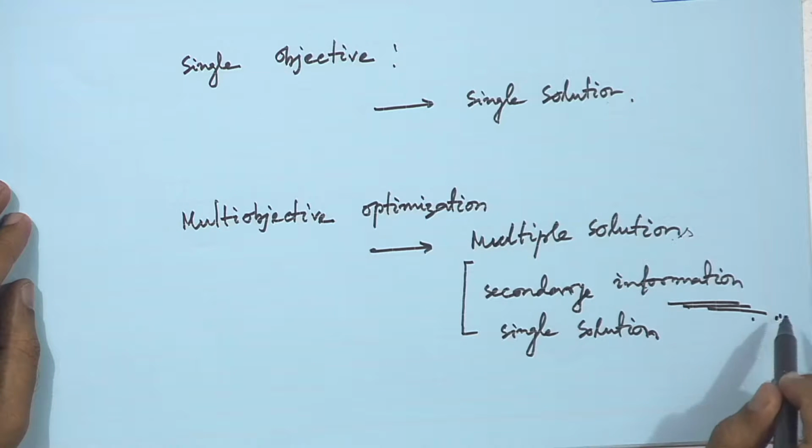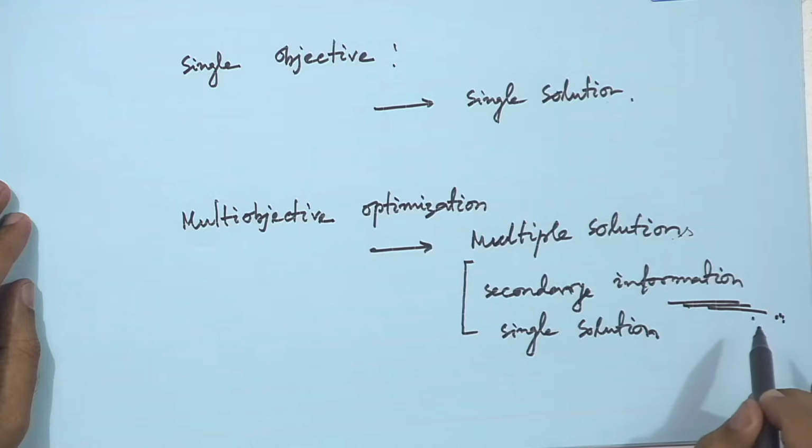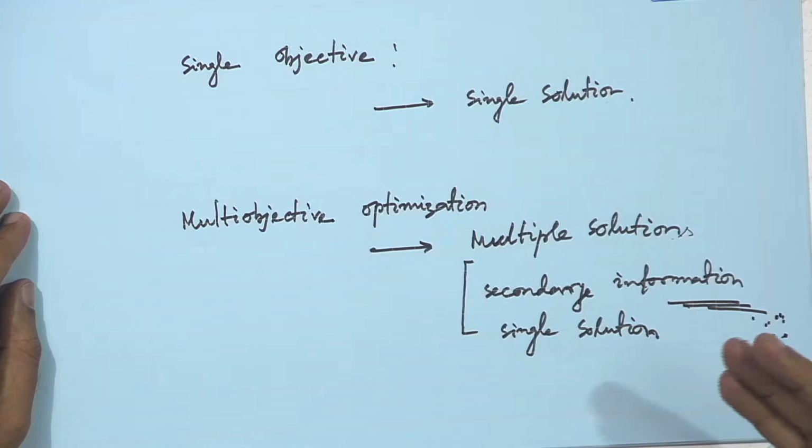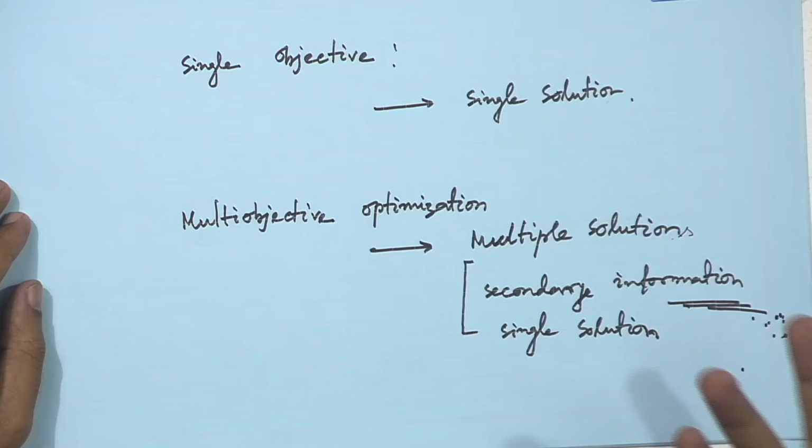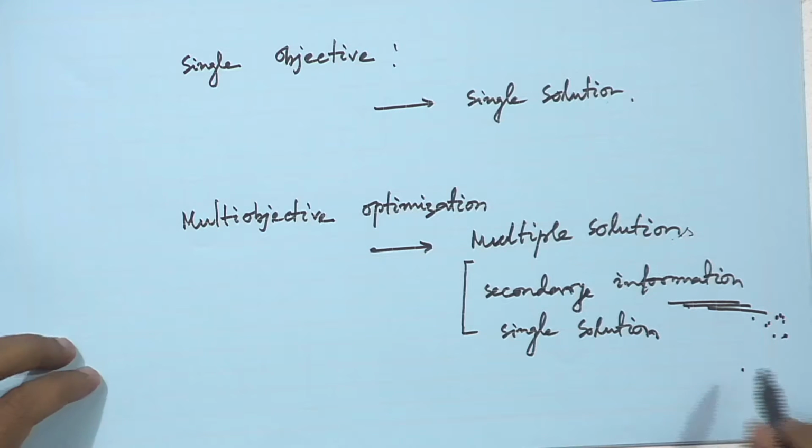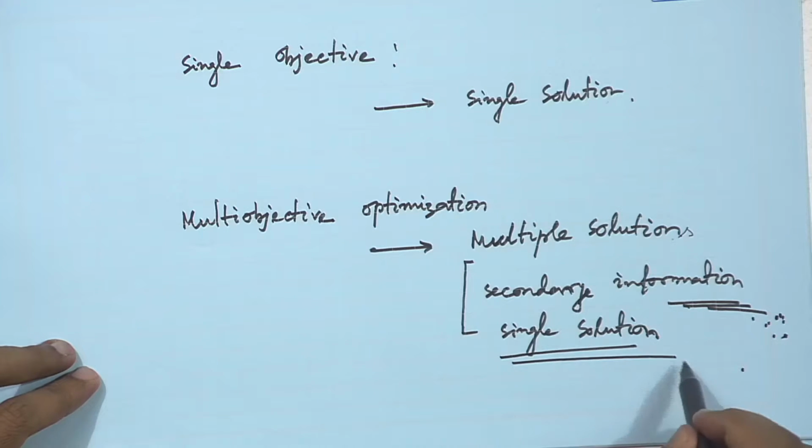Without secondary information, you cannot utilize the multi-objective optimization for your problem. So, secondary information is important. That can be any technical feasibility or economic viability that may be the thing you have to consider to get the single solution.